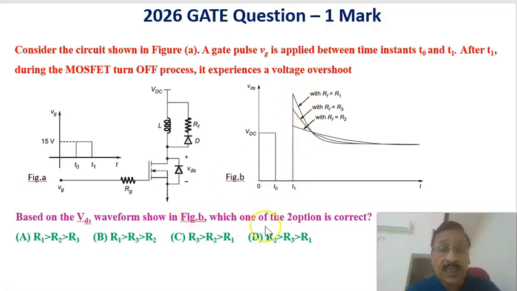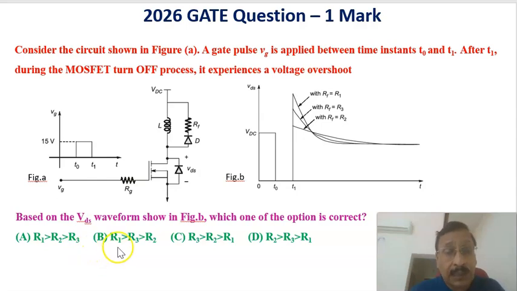The question is, which one of the options is correct? Option A: the magnitude of this resistance, the feedback diode resistance, which I can call RF, corresponds to R1 for the first waveform, R3 for this one, and R2 for this one. Therefore, option A says R1 is more than R2, which is more than R3.